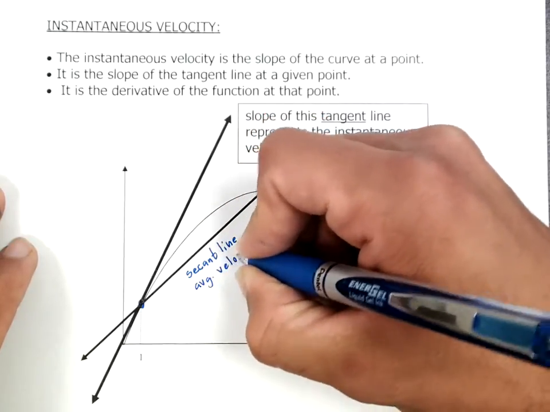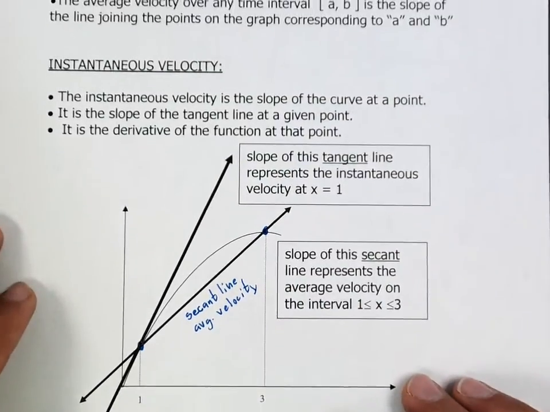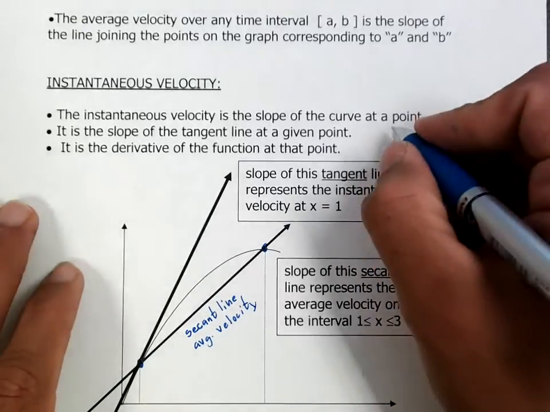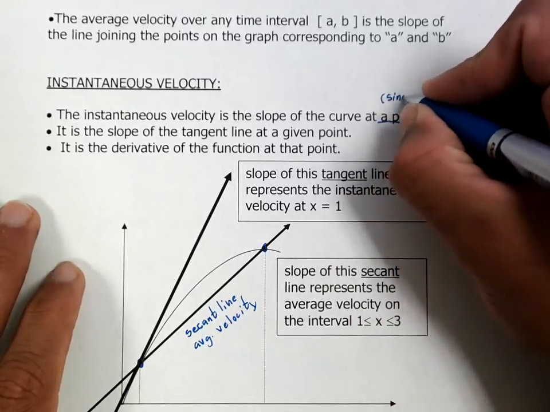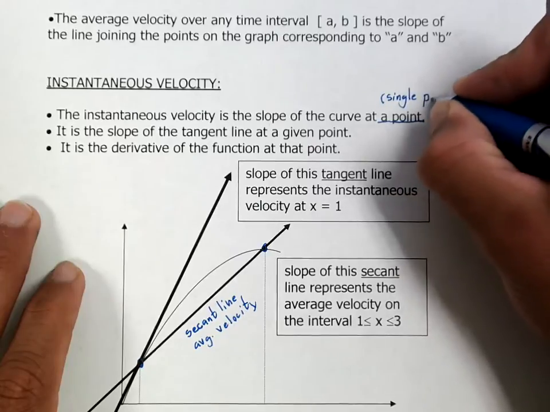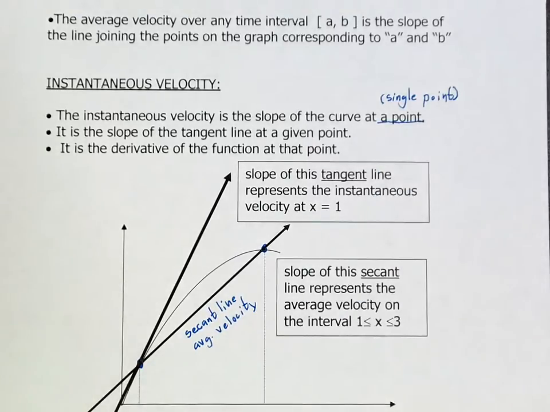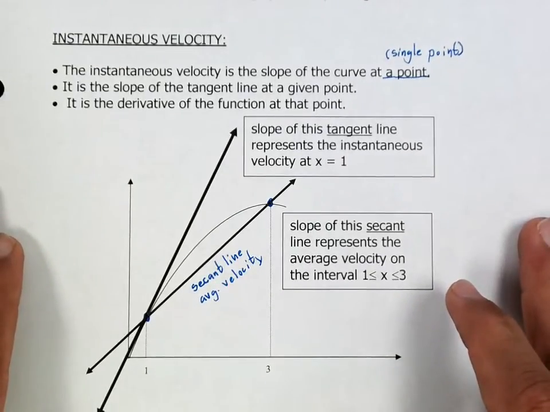Now, the more interesting part would be the instantaneous velocity. The instantaneous velocity is the slope of the curve at a point, and when it says a point, they mean a single point. If you look at this graph, this is the slope of the tangent line at a given single point.